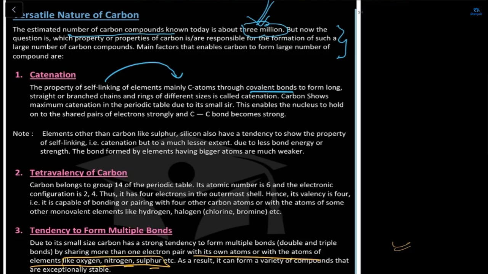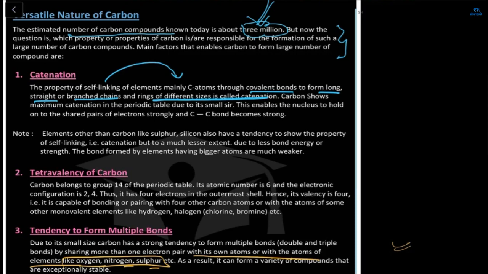To complete the outermost shell. They can form long, straight, or branched chains and rings of different sizes, which is called catenation.